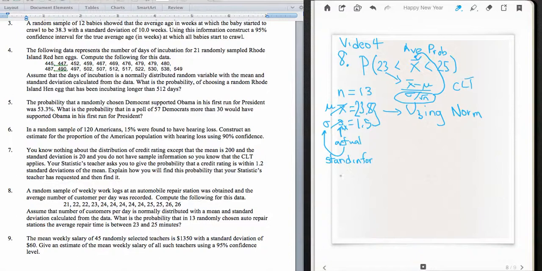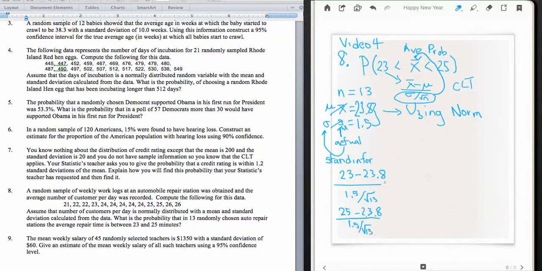So we're going to have 23 minus 23.8, divided by 1.5 divided by the square root of 13, and then we also have 25 minus 23.8, divided by 1.5 divided by the square root of 13.